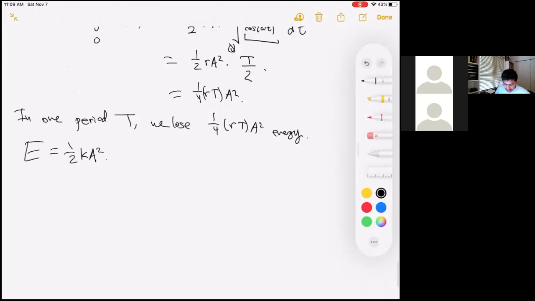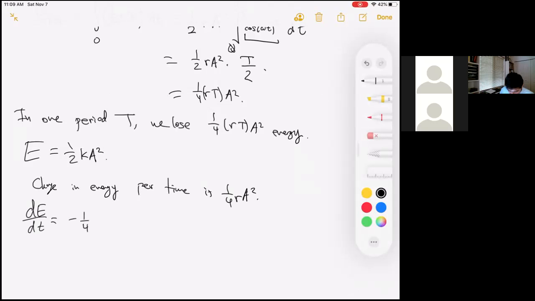In one period, which can be viewed as a very small amount of time compared to this year-long process of the spring constant decaying, the change in energy per time is 1/4 RA squared. If we now take our time scale to be very large, this means that dE/dt is equal to negative 1/4 RA squared.